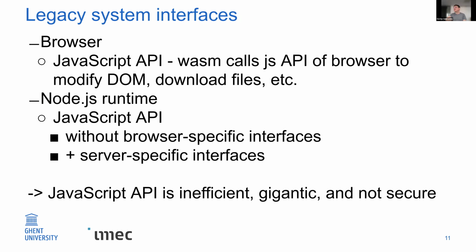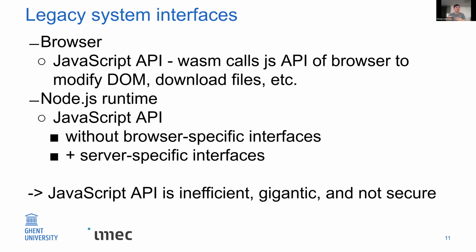The legacy system interface in the browser is the JavaScript API. I call it legacy because from an IoT standpoint, this is a legacy interface, but let's be real, this will remain the main WebAssembly system interface for browser applications. This is simply the same API that JavaScript code uses.